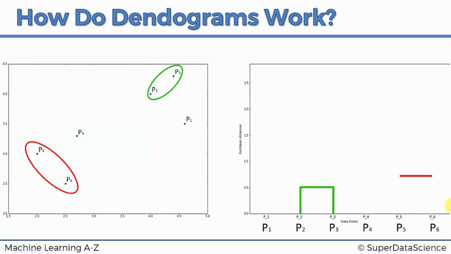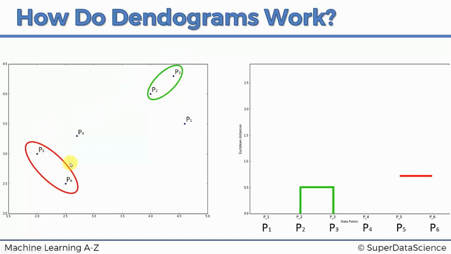Again, how high do we place it? Do we place it higher or lower than this line? Well, we agreed that this vertical axis represents the Euclidean distance, and Euclidean distance represents the dissimilarity between 2 of our observations. So here we can see that P5 and P6 are actually further apart than P2 and P3, and that is of course natural, because if P5 and P6 were closer, then in the previous step we wouldn't have put P2 and P3 in one cluster.